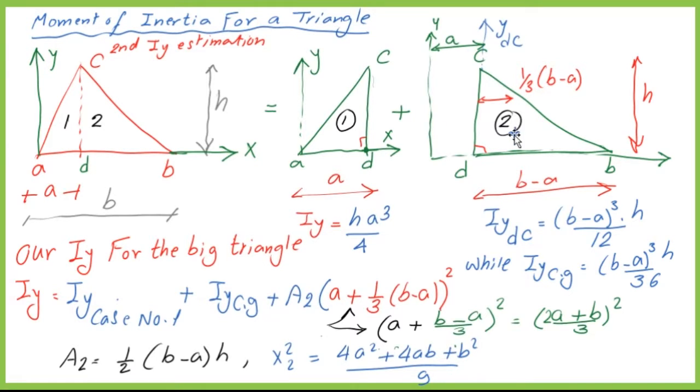Here the CG distance is equal to 1/3 of the base, which will be 1/3 of B minus A. We are going to add the distance A, then we raise it to the power of 2.